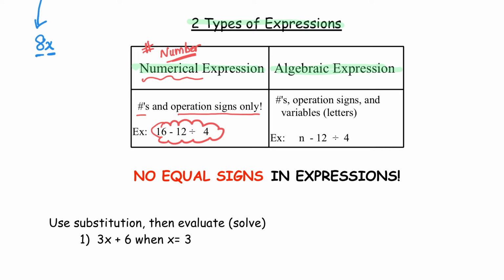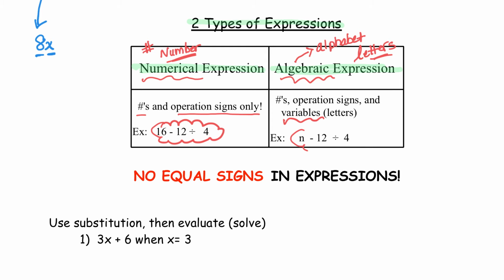Next is the algebraic expression. The word algebraic, we think of alphabet, which is letters. We think of letters, which is our variables.